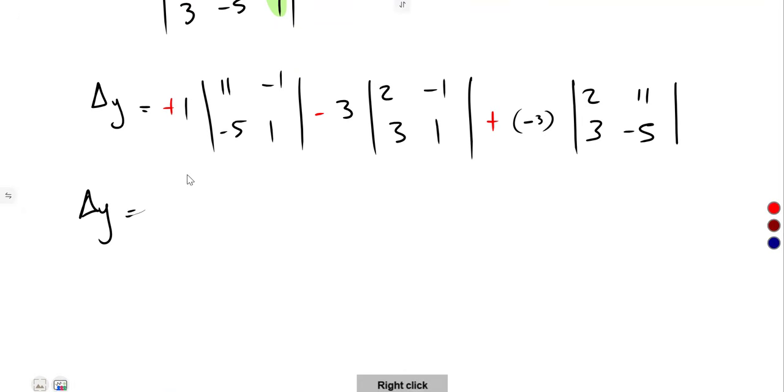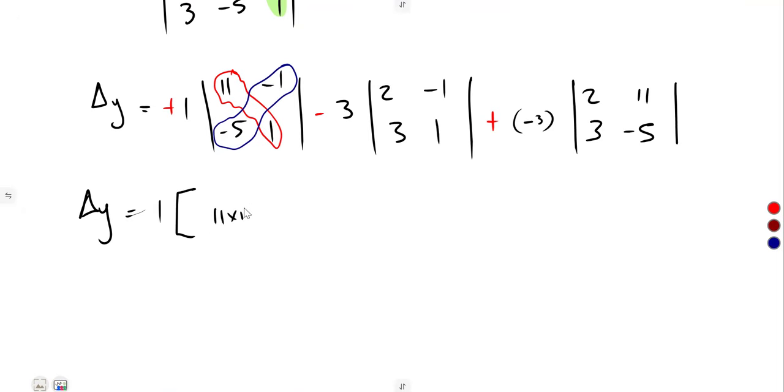All right, so let me quickly write this. This is 1, and our determinant: major diagonal versus the minor diagonal. So the major diagonal, 11 and 1, minus the minor diagonal, minus 1 and minus 5.